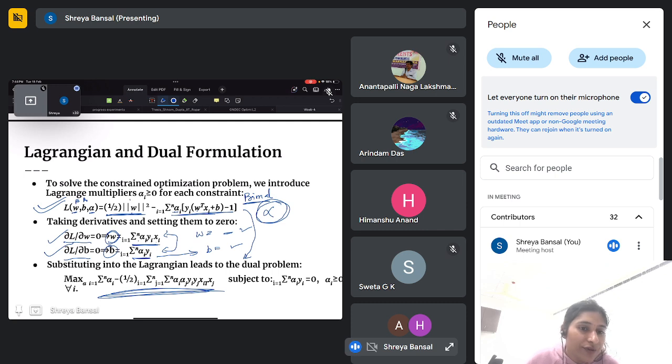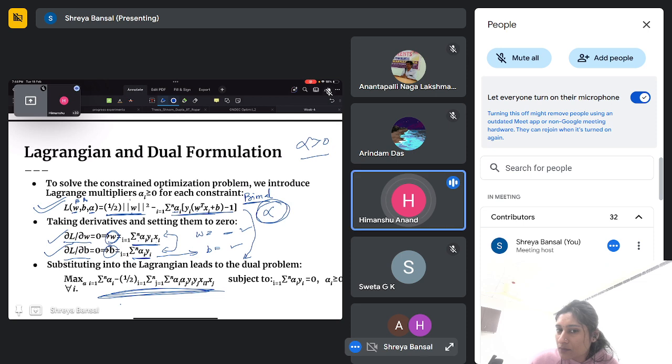But to get the value of alpha, we have this equation and we form a dual, because from the Lagrange multiplier we say that alpha is always greater than 0. So we want to maximize alpha. After partial differentiation, we got W equal to something, we get this W, we get this B, but what about alpha?